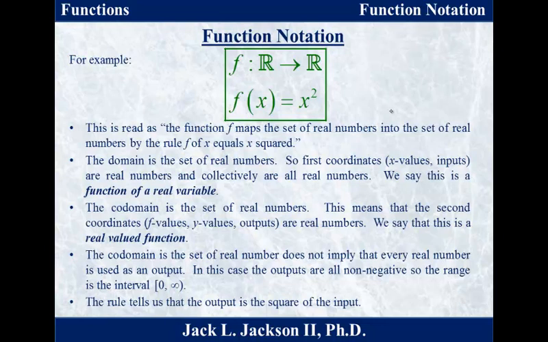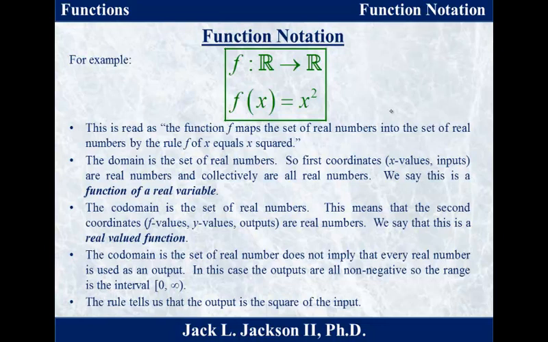It's got to be a real number. And then the output has to be a real number as well because of the second R. The second R tells us the output is a real number, but it doesn't tell us if every real number is going to show up or only some of them. Maybe half of them, maybe all of them, maybe just one of them. But it's going to be a real number, not something like an imaginary number.